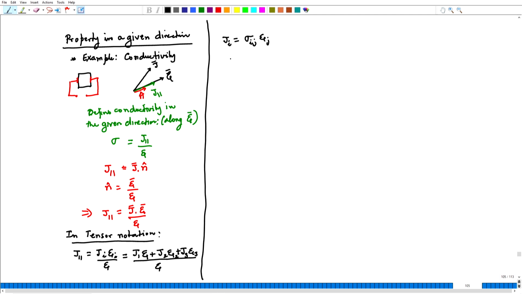Hence the conductivity in the direction of the unit vector n can be written, by substituting Ji into this equation, as sigma ij Ei Ej divided by E square.